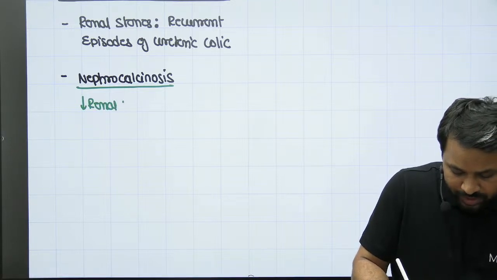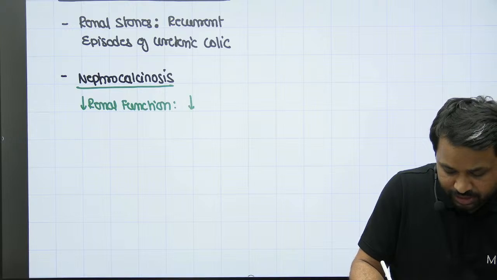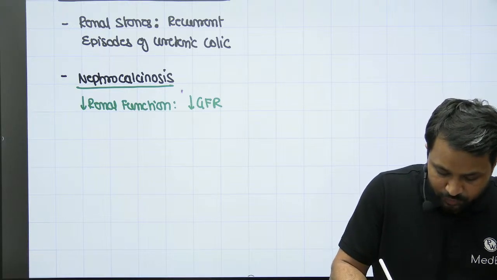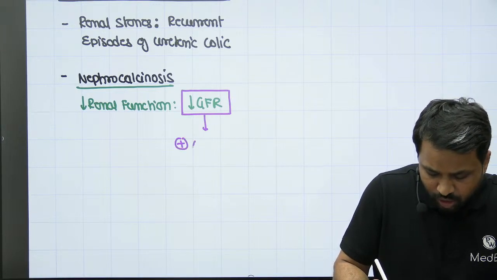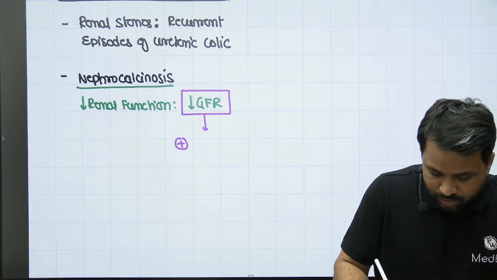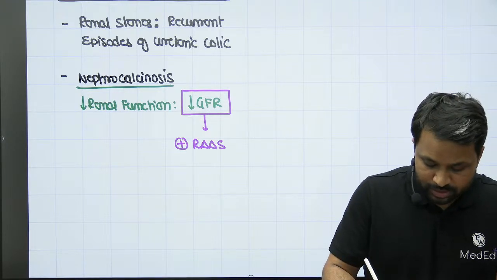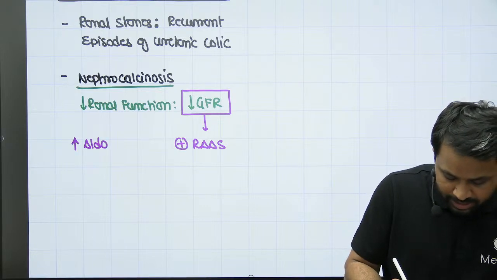Now we all know whenever the renal function starts to drop, there will be a decrease in GFR, that is glomerular filtration rate. Whenever the GFR falls, we have a compensatory mechanism in the body, and that is the activation of the renin-angiotensin-aldosterone system. Now we all know whenever the RAS system kicks in, what is it going to do? The RAS system is going to increase the concentration of aldosterone.